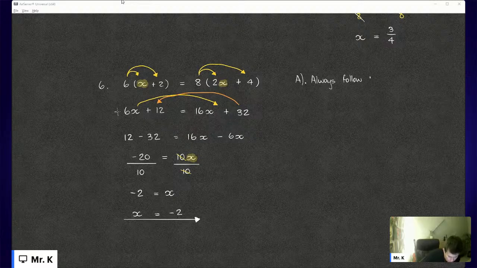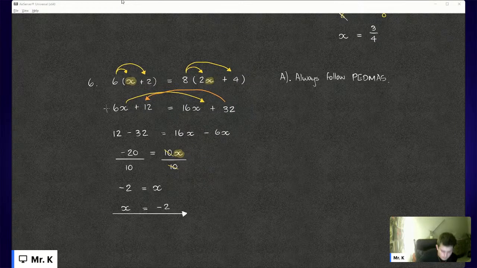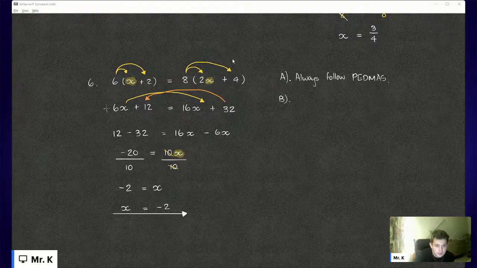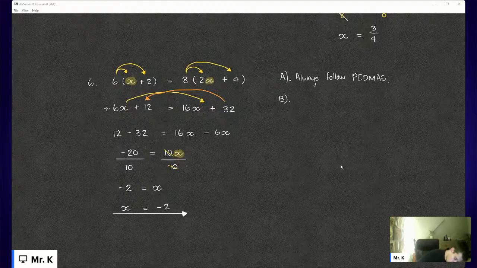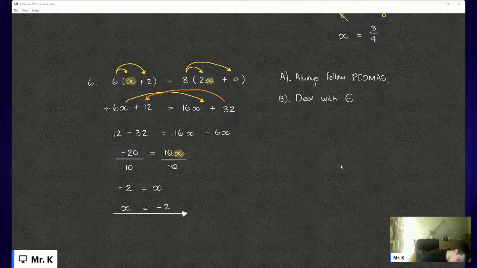So, first things first, step A, you always follow, and I like to use PEDMAS, but you guys can refer to any acronym you prefer, right? You're always going to follow PEDMAS. Step 2, you want to deal with all of the adding and subtracting that you can, right?